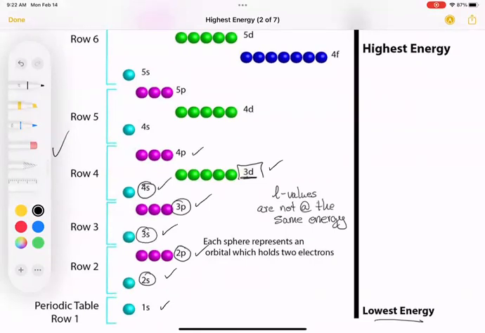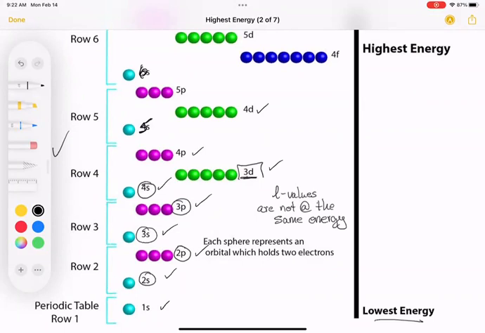That's supposed to be the 5s. That's got a typo. 5s, 4d, 5p, 6s. It's already there. You don't have to memorize this diagram. The periodic table already has it for you.